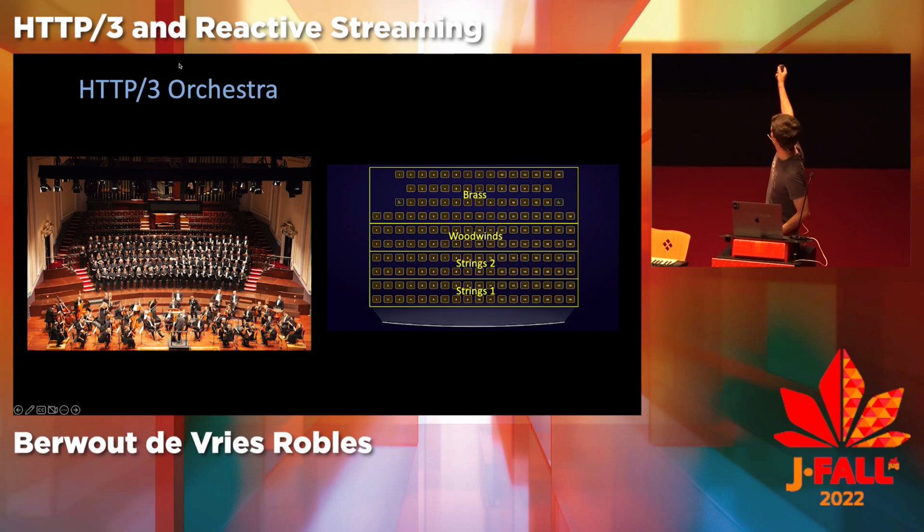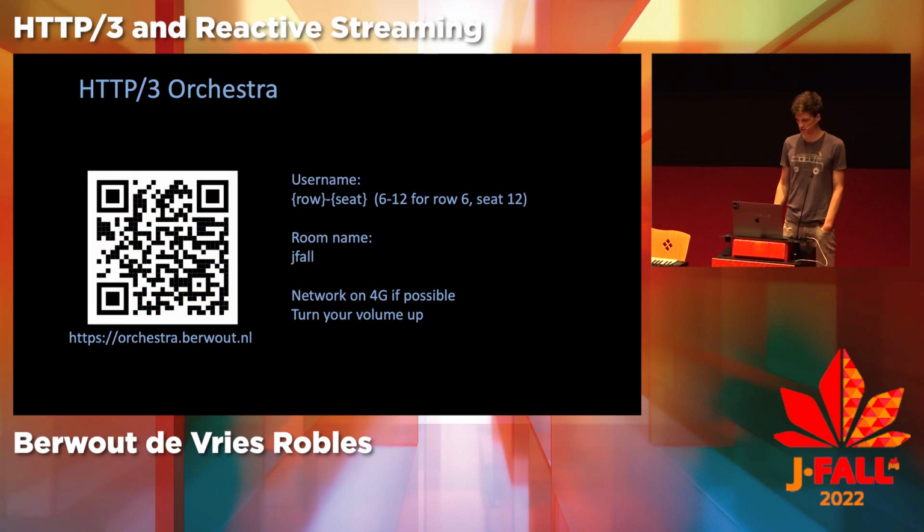In the section on the right, I will explain that in a little bit. What you can already do is go to my website, and then you should see a screen that I will open in a second. You can enter your row and seat number. It complains if somebody already filled in the same seat number as you, so then just pick a different seat number, and you'll be fine.